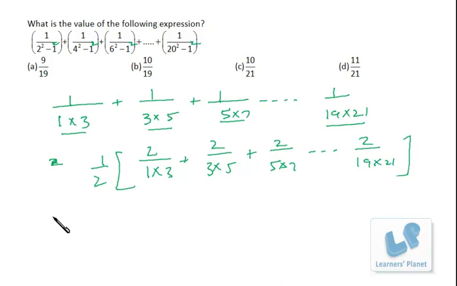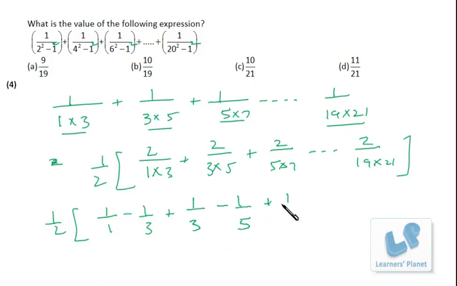Now it can be written as 1 upon 1 minus 1 upon 3, isn't it? It's 3 minus 1 upon 1 into 3. Similarly, it can be written as 1 upon 3 minus 1 upon 5. So it's 5 minus 3, that is 2 upon 3 into 5. Similarly, it is 1 upon 5 minus 1 upon 7, and it is 1 upon 19 minus 1 upon 21.